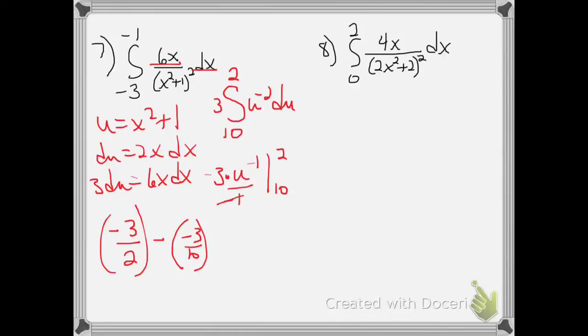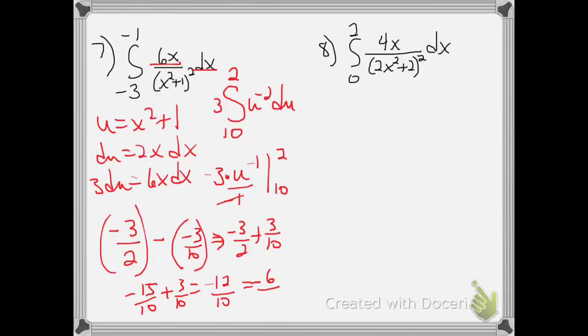So I end up with negative 3 halves plus 3 tenths, which would be negative 15 tenths plus 3 tenths, which will be negative 12 tenths, and that reduces to negative 6 fifths.